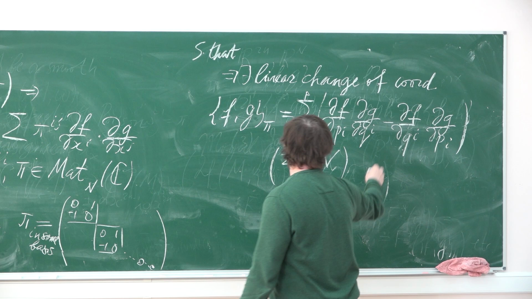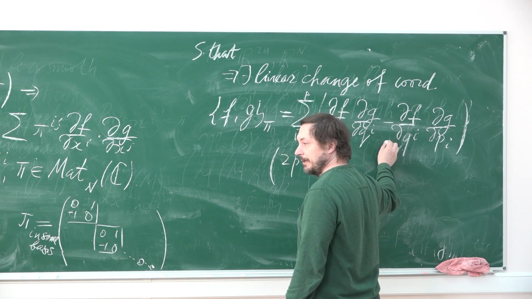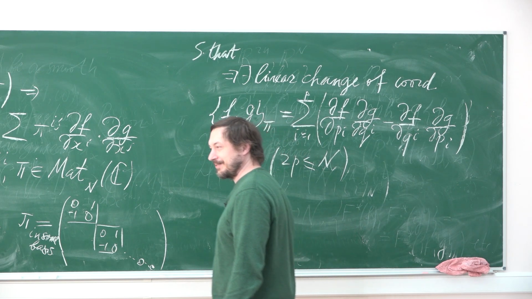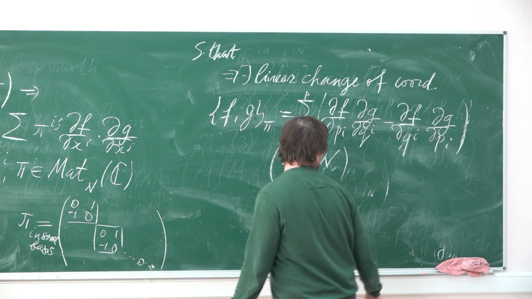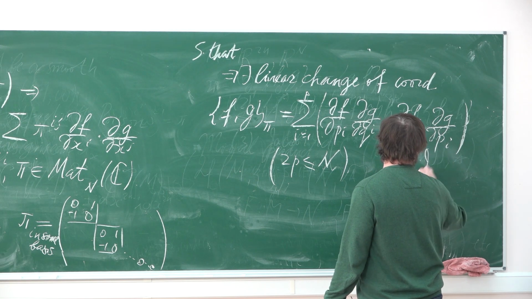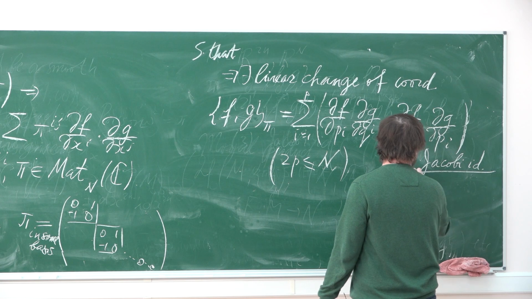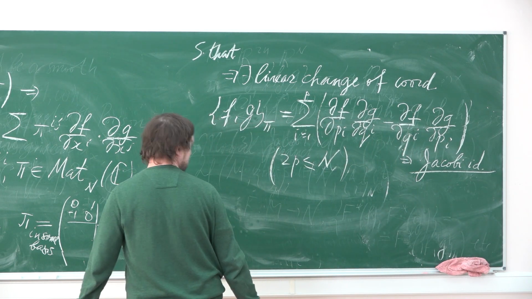But in this case, we already know that the Jacobi identity holds just from the very first lecture, right? So this is the first example.